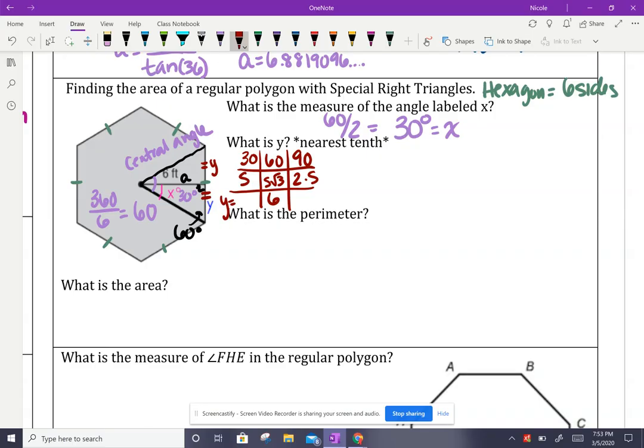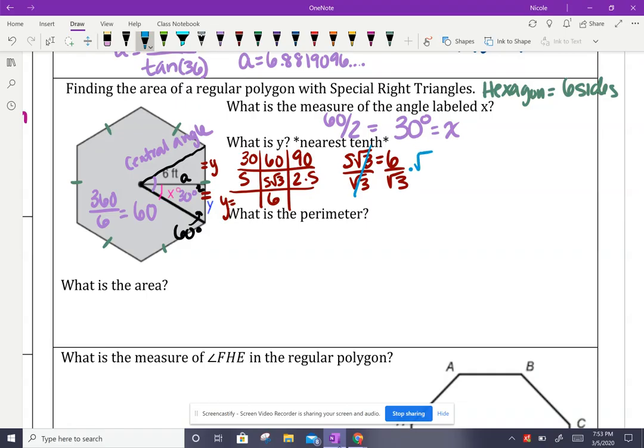You could also find the 90, but you're not using the radius for this question, so it's not necessarily needed. Since 6 is my s root 3, I'm going to set those equal to each other to isolate s by itself. I'm going to divide by root 3 on both sides, and these cancel out.